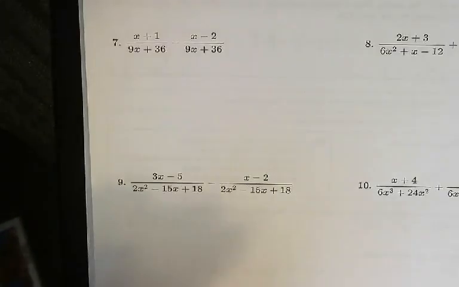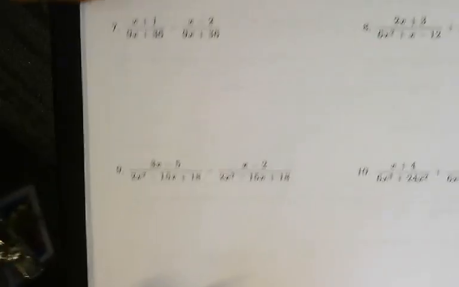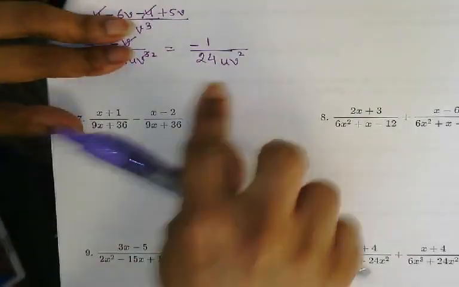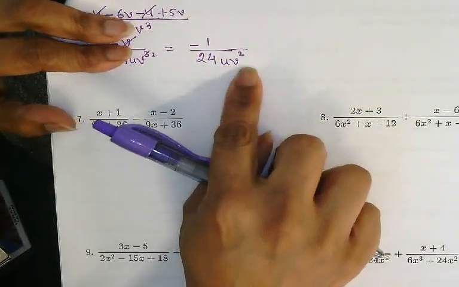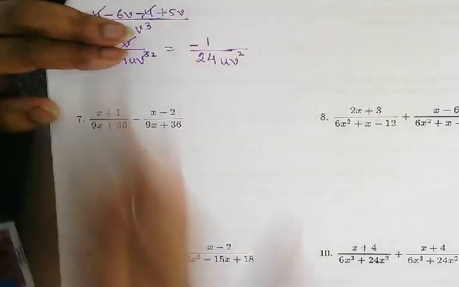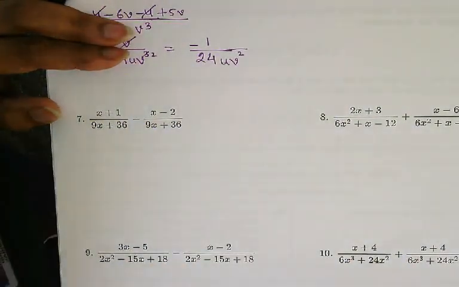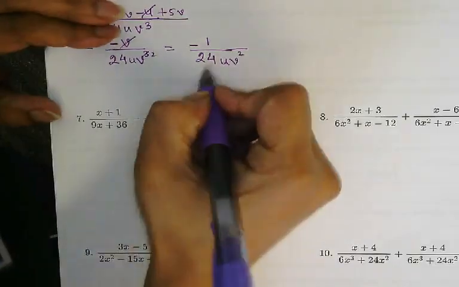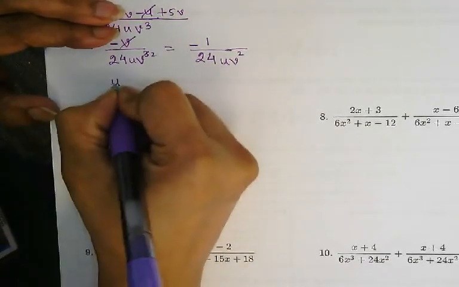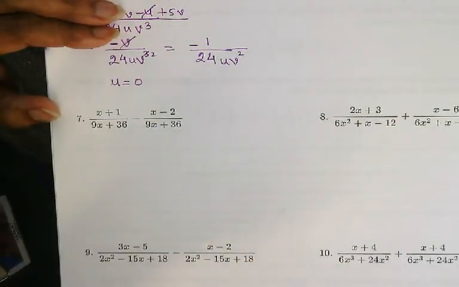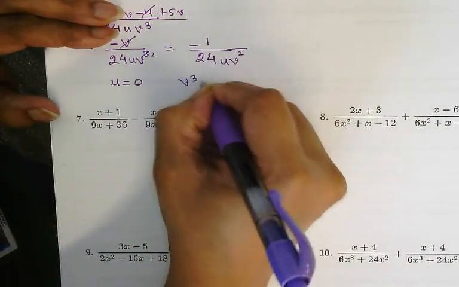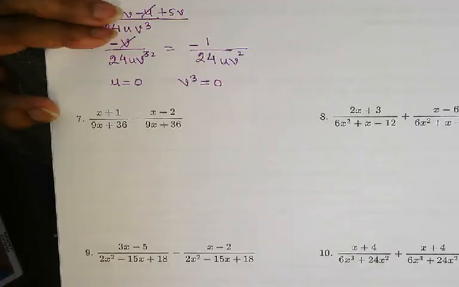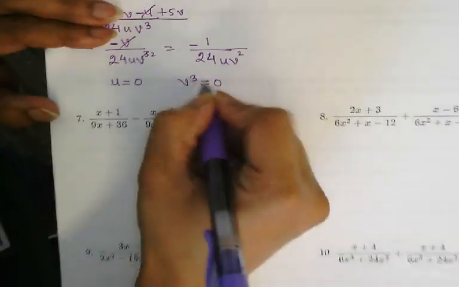Whenever we talk about the restriction, I have a variable u, I have a variable v, right? Whatever you have at the bottom, you're going to set that equal to 0. So say over here, u is equal to 0, correct? And v cubed is going to be equal to 0. Sorry, v squared. Thank you.